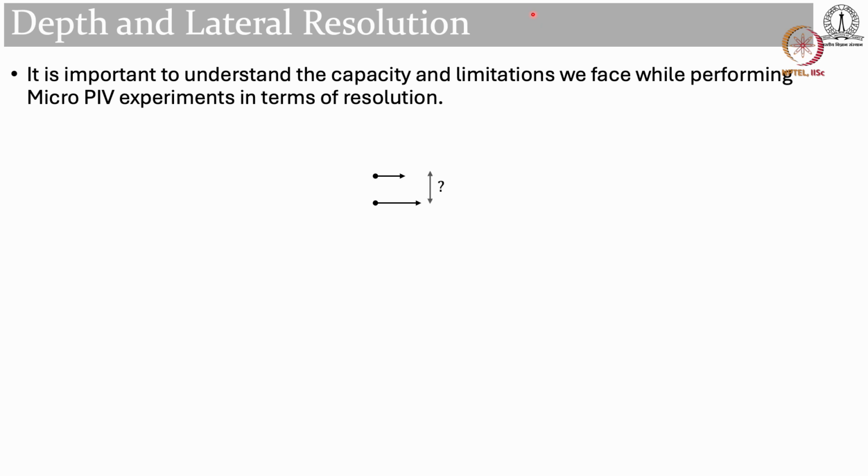Again, the question is how well can you resolve the distance between two vectors. Suppose this is one of the interrogation windows and you can see some particles inside it. The particle size in micro PIV can be really small, as we discussed previously. It can be in nanometers, and it can even be smaller than the wavelength of the light you are using to visualize them.